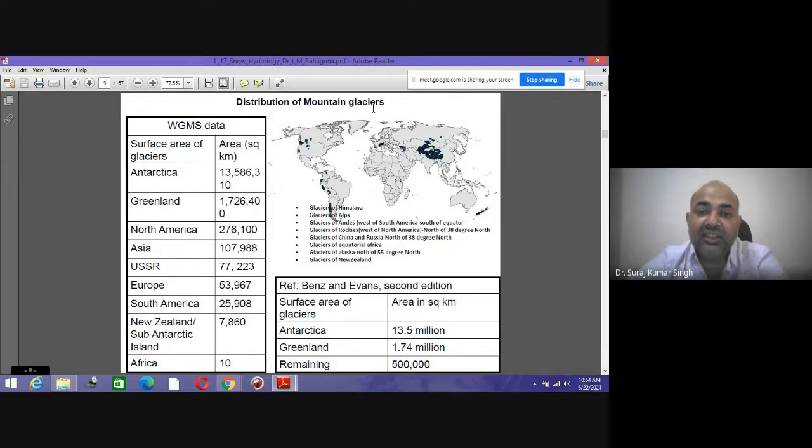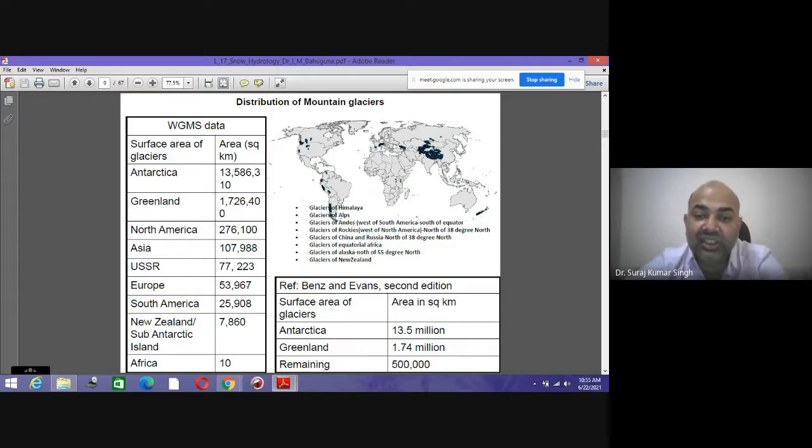So you can see the distribution of various glaciers throughout the earth. The dotted line is representative of the Himalaya, then you have the Alps, then the Andes, west of South Africa, south of the equator, then glaciers of the Rockies, west of North Africa, north of 38° north, then glaciers of China and Russia, glaciers of equatorial Africa, glaciers of Alaska, and glaciers of New Zealand.